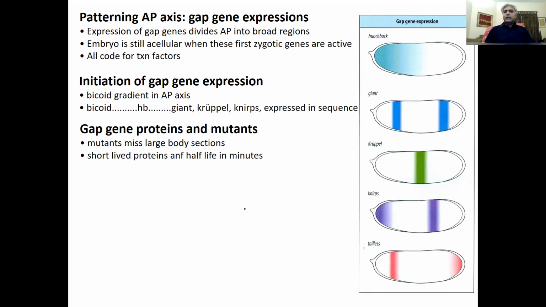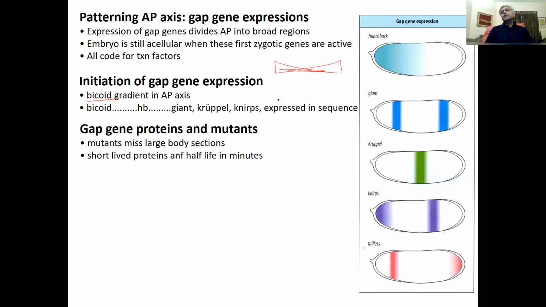So what we learned in case of maternal genes, that the bicoid gradient is formed in anterior posterior axis formation like this. If this is bicoid, we said there will also be nanos and caudal on the posterior side.